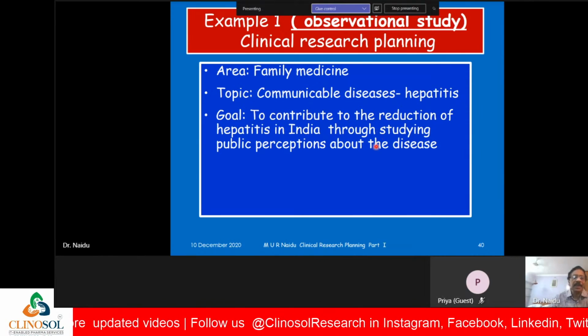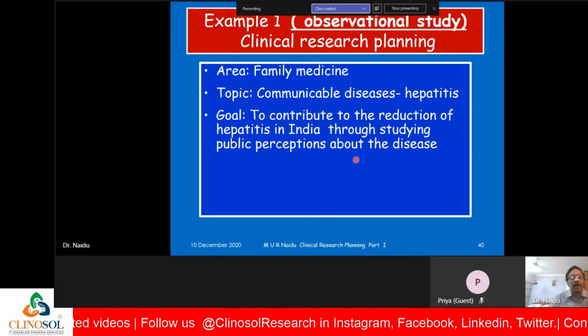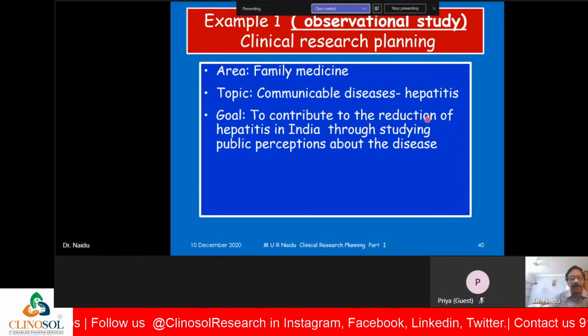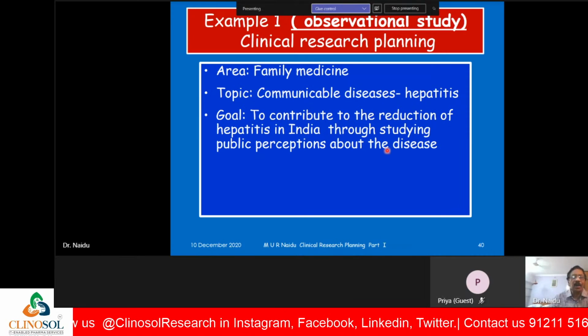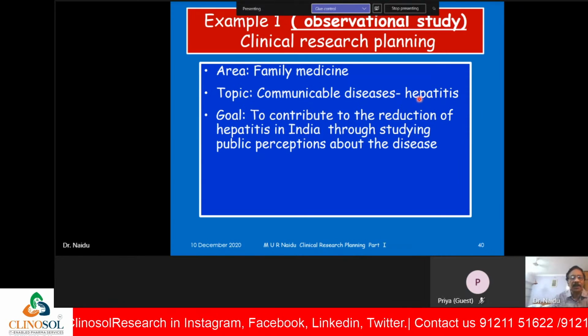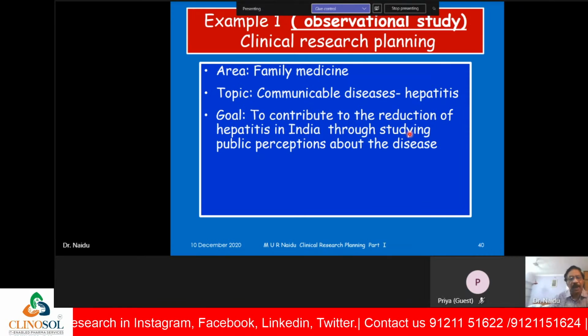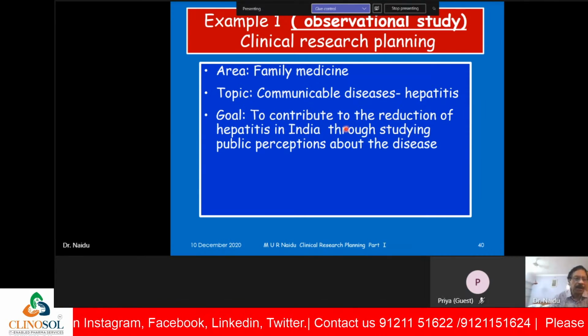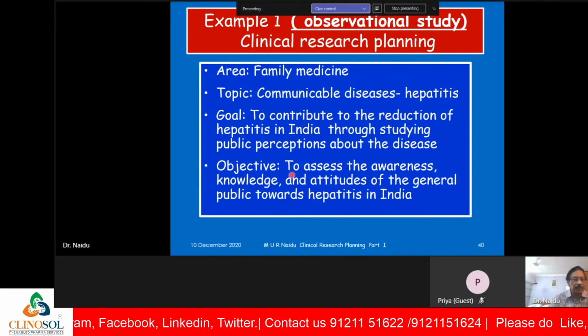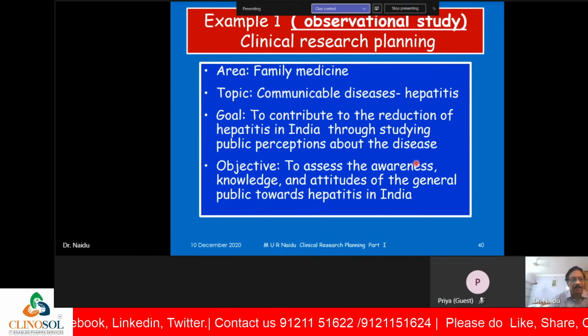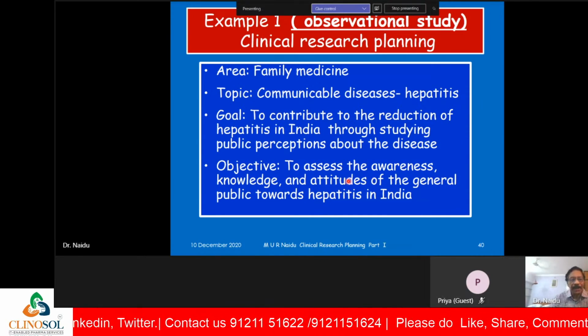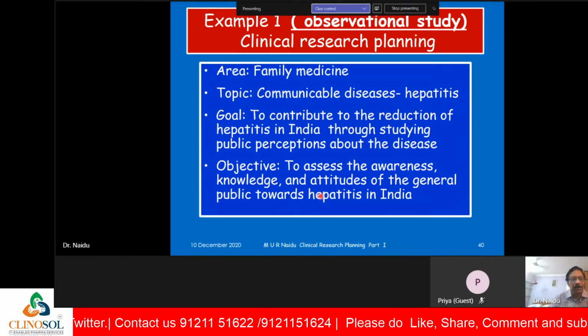I collect the data from that population to identify why they think so. I will prepare a questionnaire and collect the data. My objective is to assess the awareness, knowledge and attitude of the general public toward hepatitis in India.